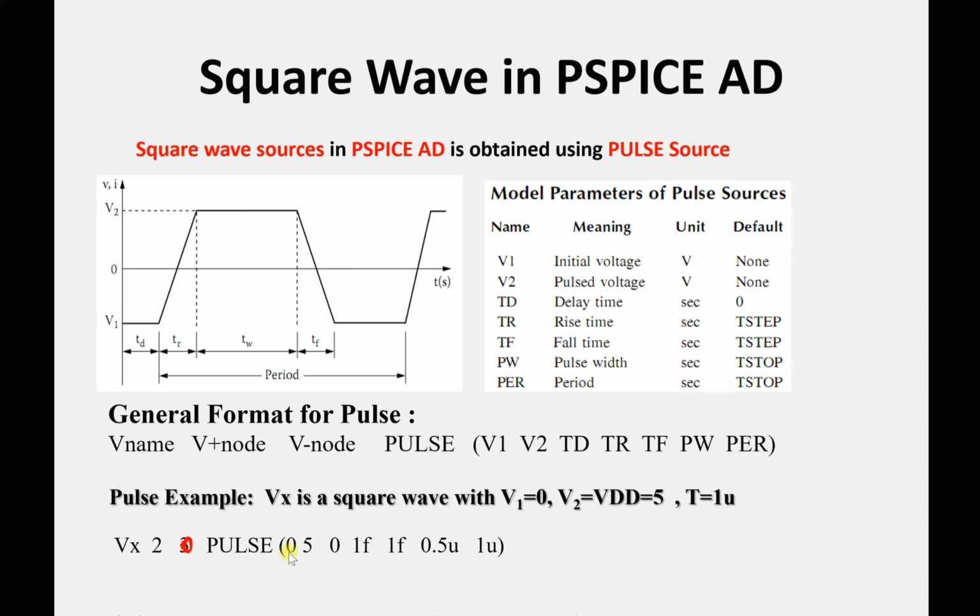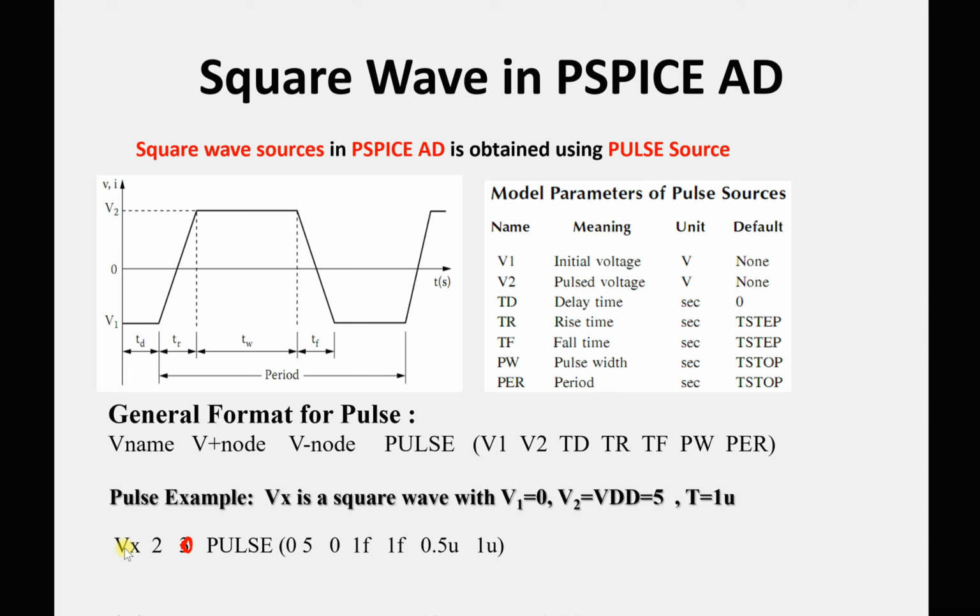This pulse will change from 0 to 5, so the initial value is 0, the final value is 5, with a delay equal to 0, rise time 1 femto, fall time 1 femto, which is almost equal to 0, pulse width half micro and period equal to 1 micro.